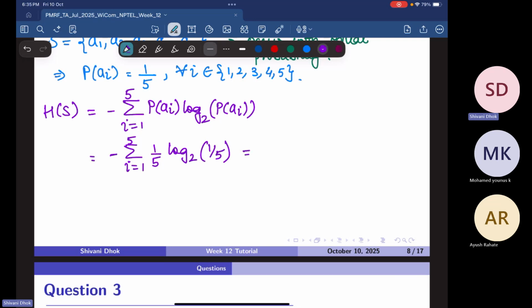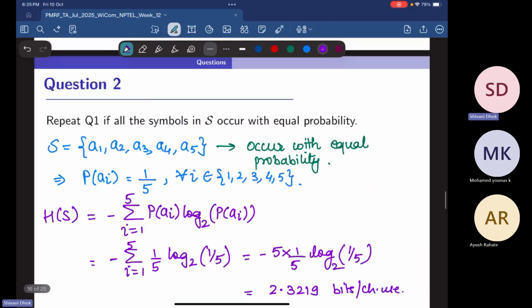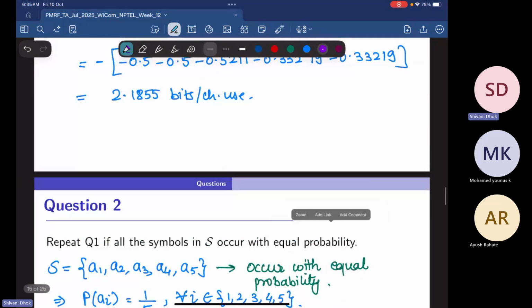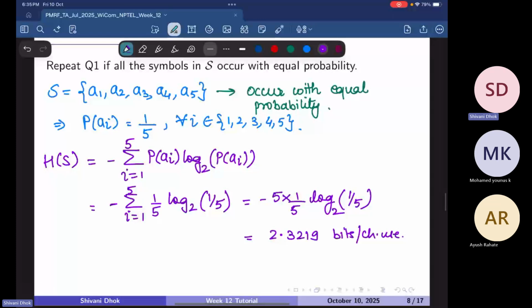Now this is nothing but minus 5 into 1 by 5 into log of 1 by 5 to the base 2, and if you simplify, this comes out to be equal to 2.3219 bits per channel use. Is this clear?